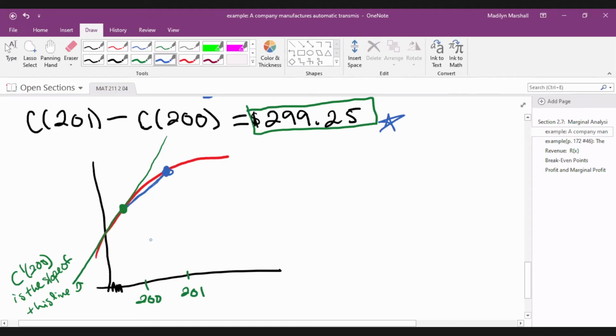But that's why the marginal cost really is just giving us an approximation, because the tangent line has a little bit different slope than the line that's actually going from 200 to 201. Since we can't talk about the cost it takes to make an extra half transmission or an extra quarter transmission, here it's this change in Y from the 140,000 to 140,299. That is the 299.25.